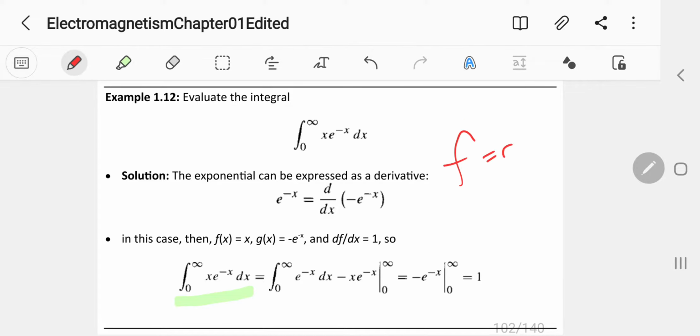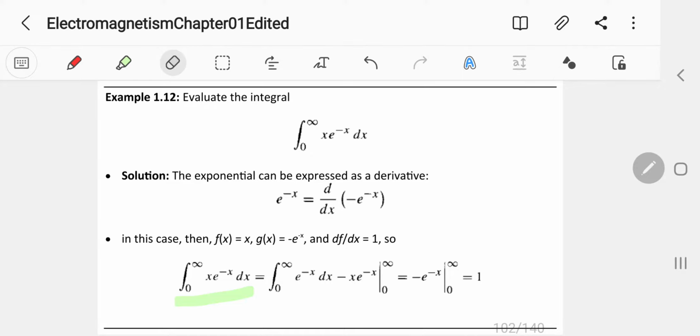Your f is equal to x, so your df, sorry for that, df dx is equal to 1. That's why you have 1 here, and so you don't have to write 1 there. Anyway, that's that one, and then you have x times e to the negative x.